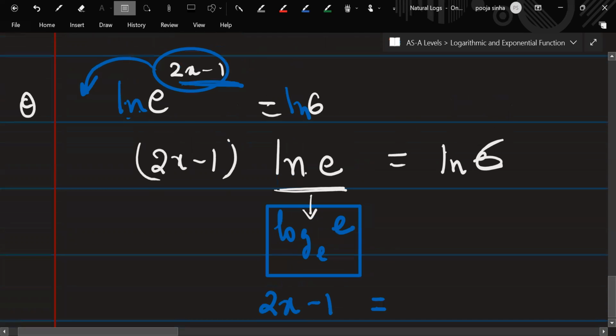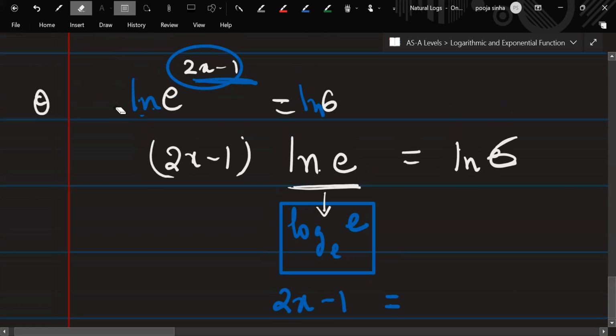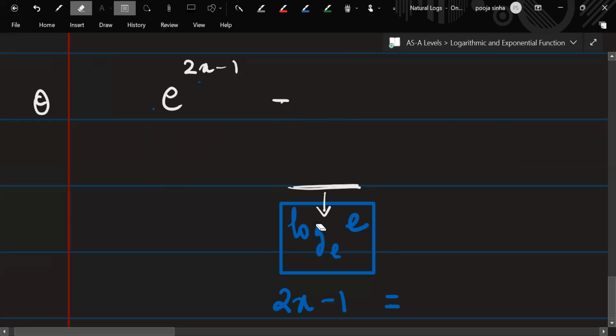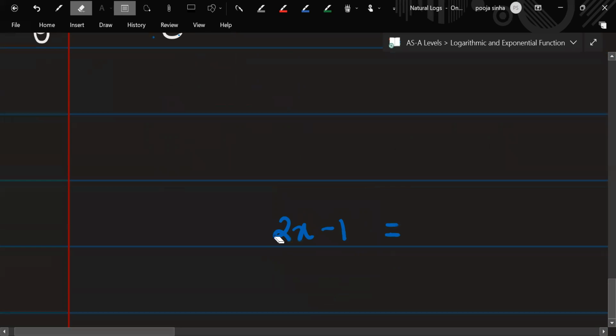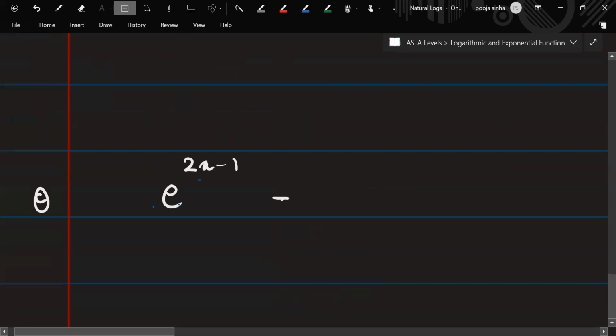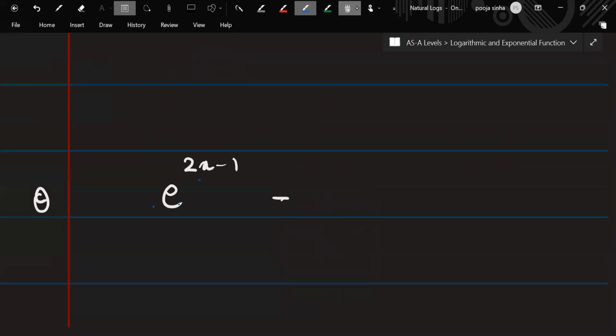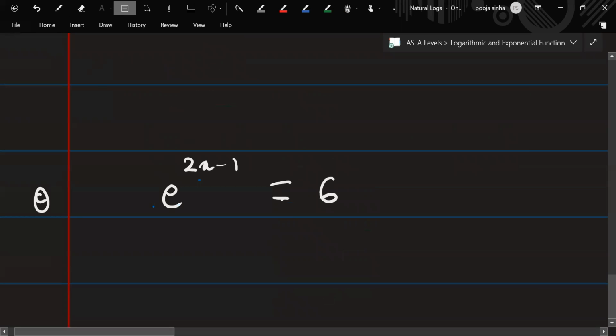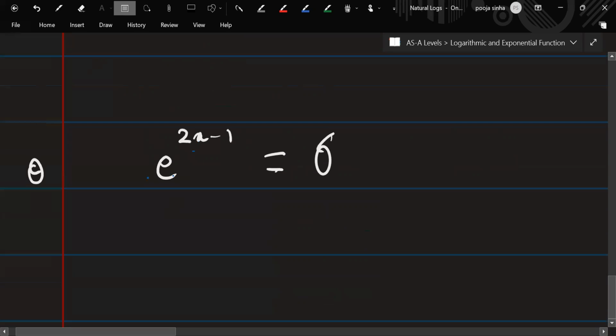So what I have done is, just have a look again. Earlier there was no log. This was the question. I solved it the other way this time, just to show you something. You're supposed to find out the value of x, correct? Taking log on both sides, I'm taking ln of e to the power of 2x minus 1, which is equal to ln 6.